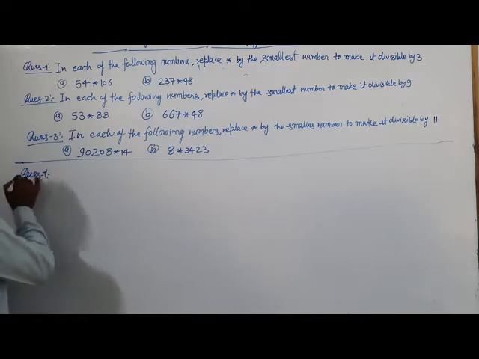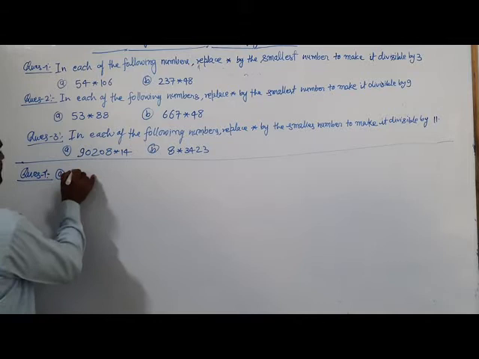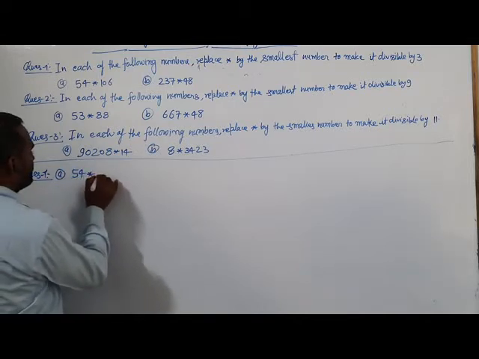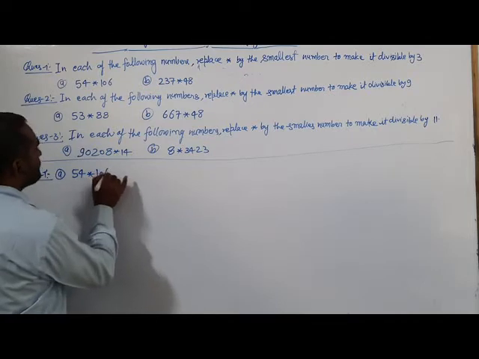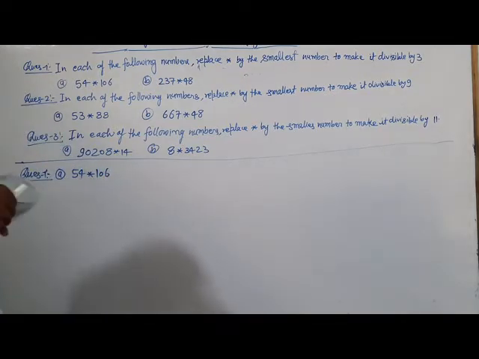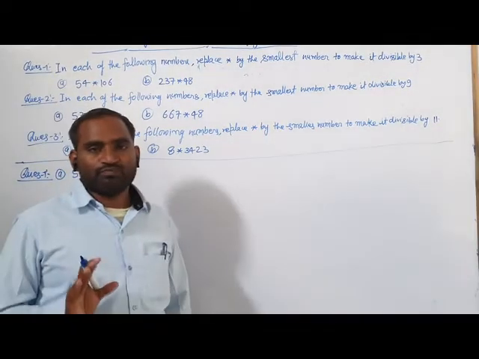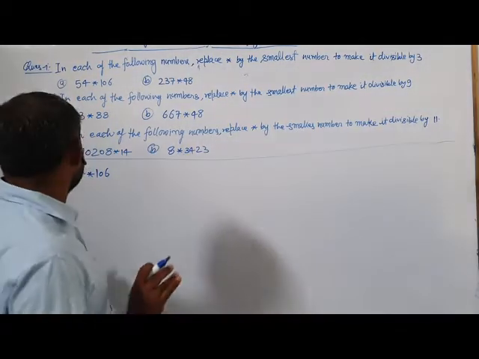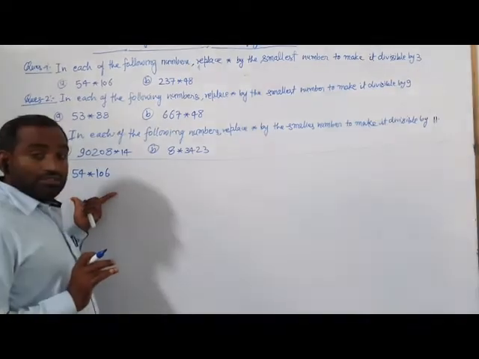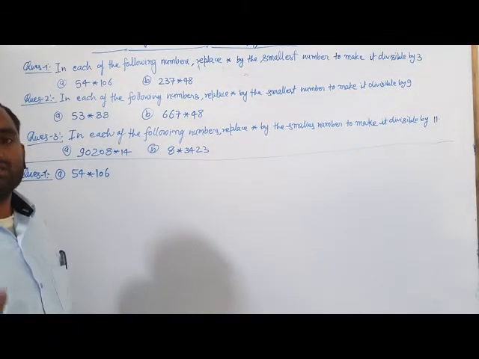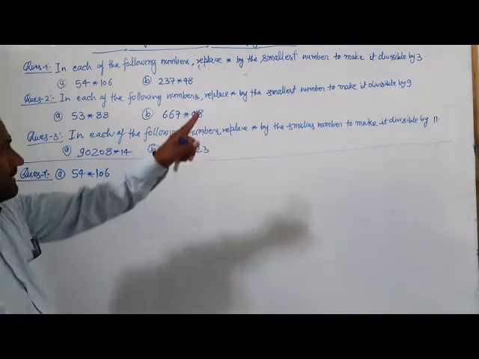Question first, A is 5 4 star 1 0 6, divisible by 3. All of us know that any number is divisible by 3 if the sum of its digits is divisible by 3.